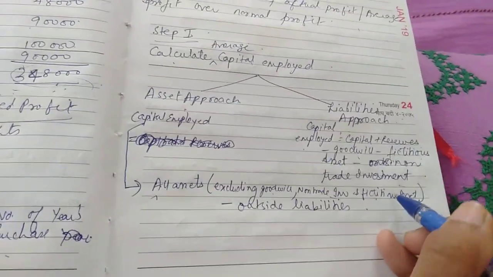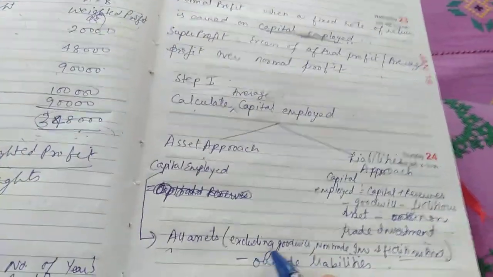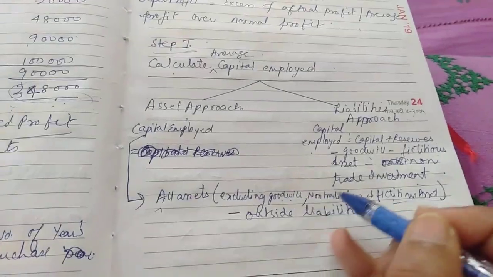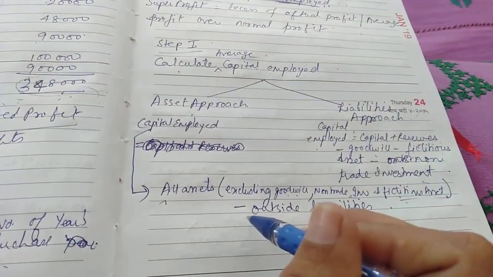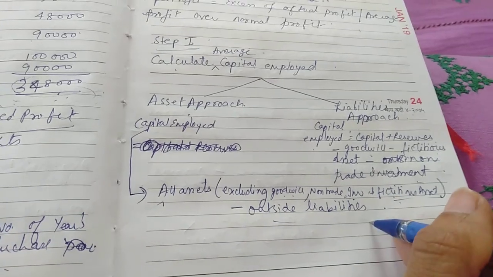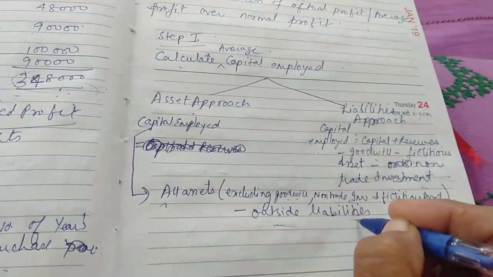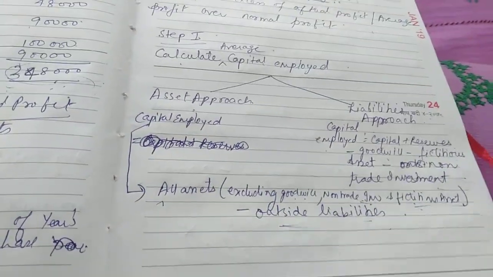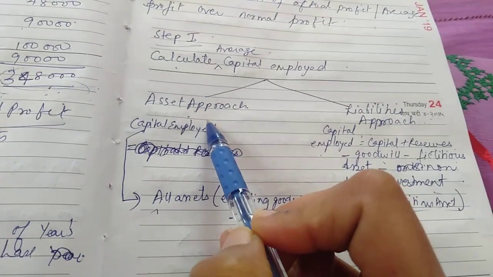Fictitious assets are like advertisement, suspense and all. So you have to exclude goodwill, non-trade investments and fictitious assets, less outside liabilities. Liabilities to the creditors are outside liabilities to a third party outside the business. You have to deduct them, then you are going to get capital employed.